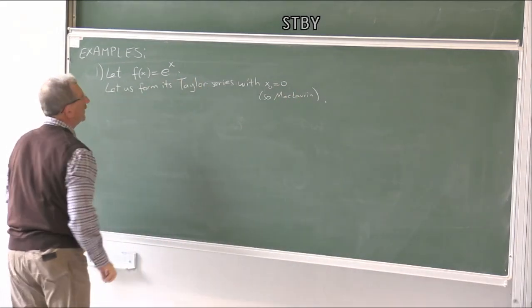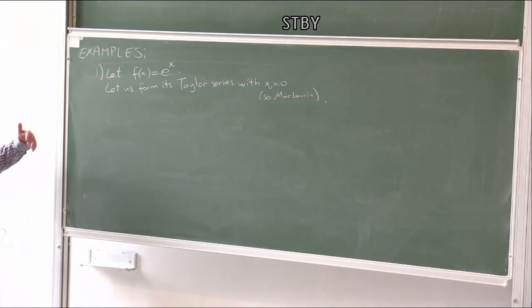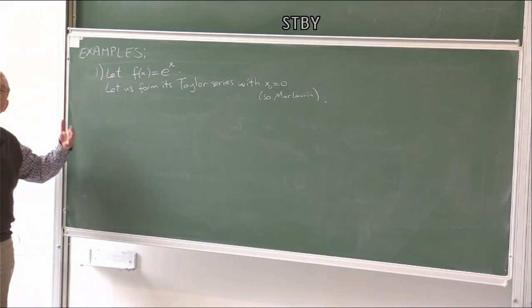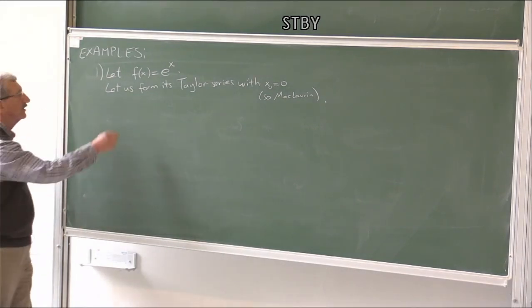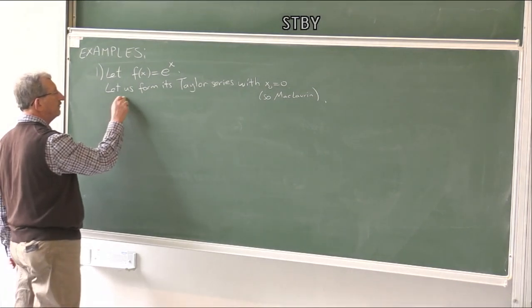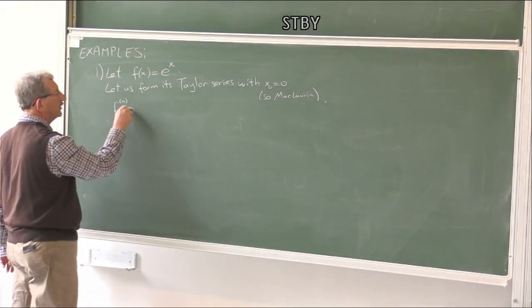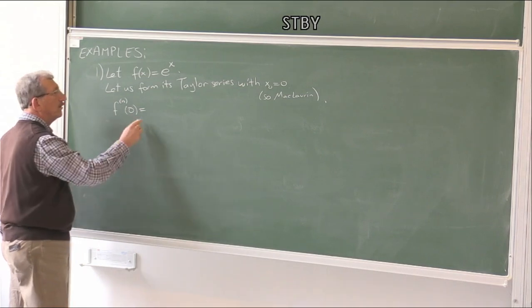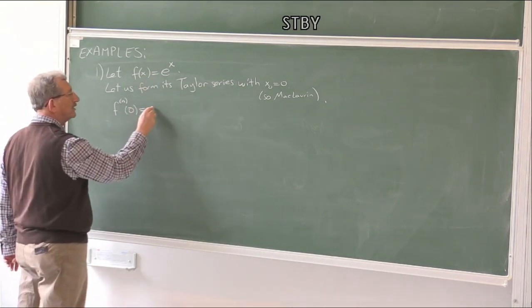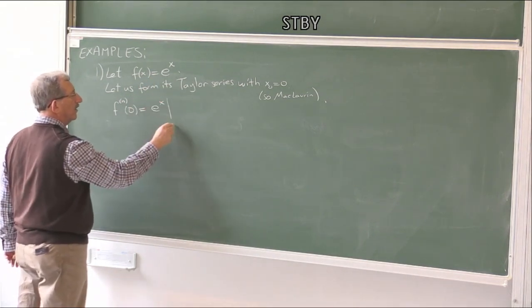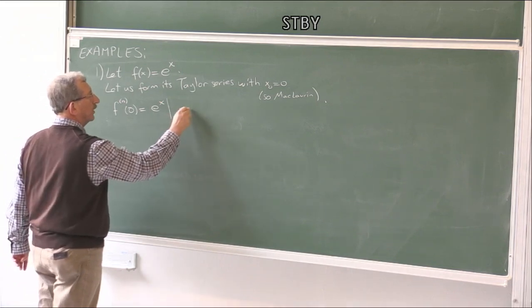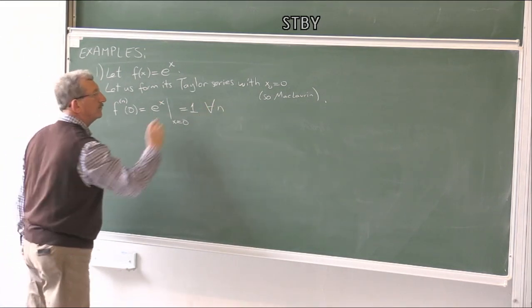The names are not that important. This says that you calculate the nth derivatives at 0. Well, the nth derivative of e to the x is itself. When x is 0, it is 1 for every n.